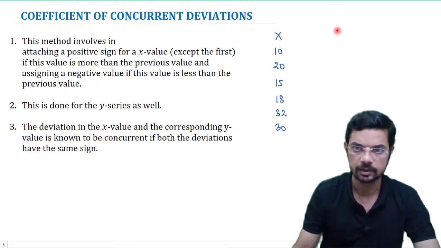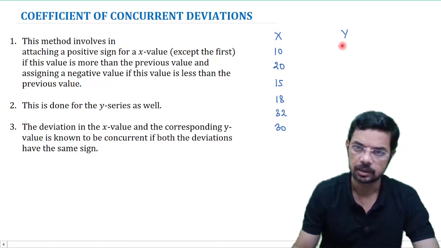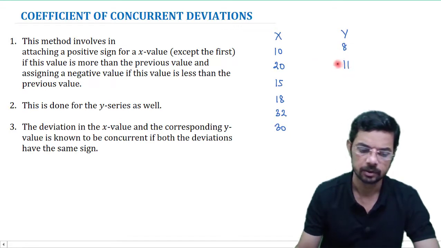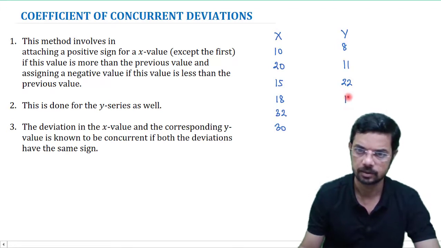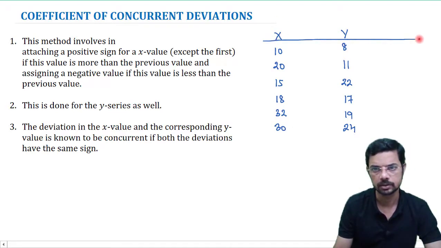Next what we have is Y. Let me list down the numbers: 8, 11, 22, 17, 19, and finally 24. This is the data given to you. X is given here, Y is given here.